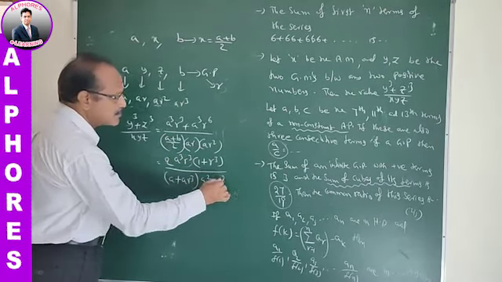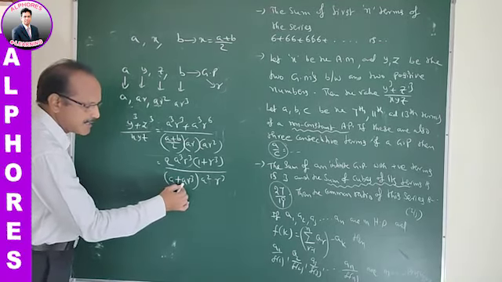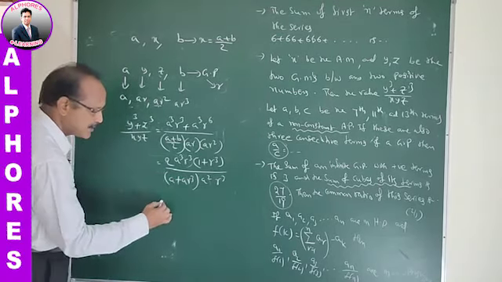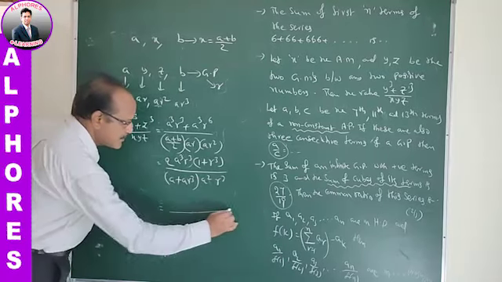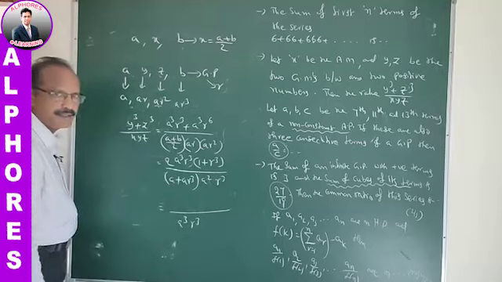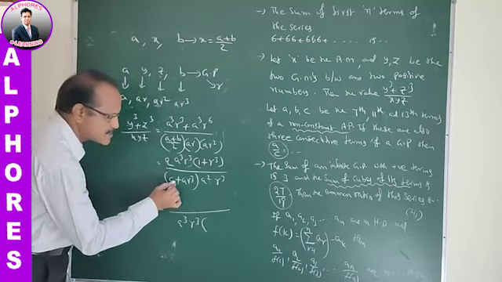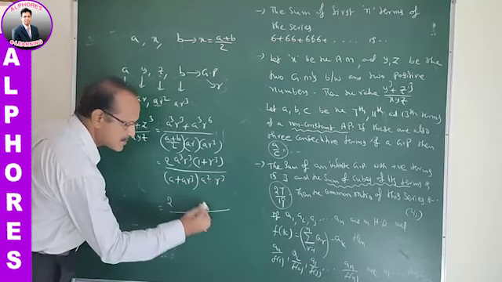Again, here A is common. Taking A as common, A into A square is A cube into R cube in the denominator part, and the numerator part is 2 times, with the remaining terms 1 plus R cube.